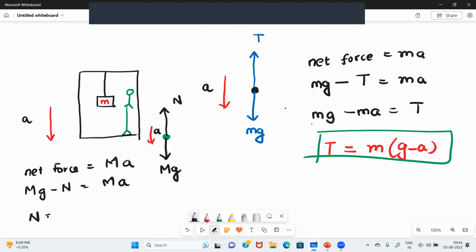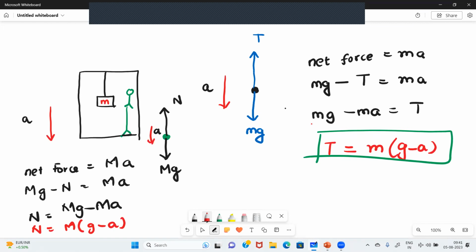So what is n equal to? Mg minus n equals ma. N you are taking to the other side, and you take m outside, so n equals m into G minus a. So do you understand? One important point at this point, it can come for 1 mark, right?